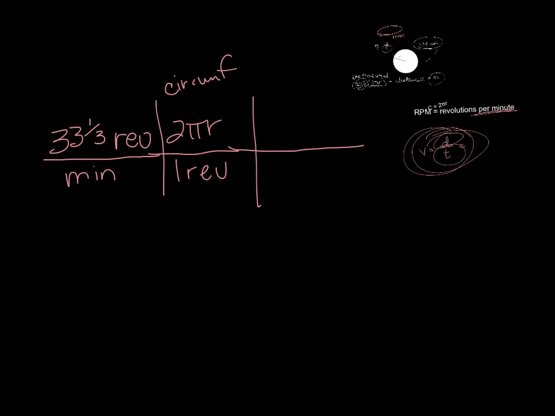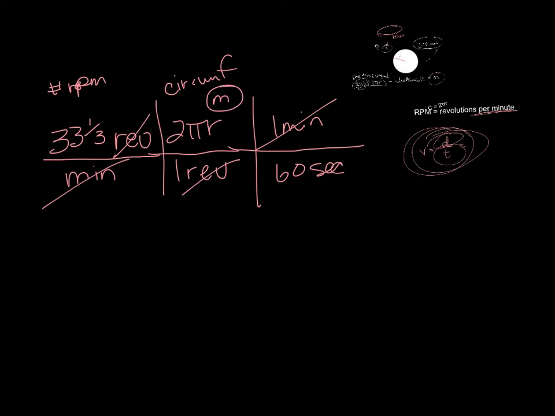And then we know that 1 minute is 60 seconds. And you'll see that we end up doing the same math that we were doing. This is the number of revolutions, number of RPMs, times 2 pi r divided by 60. But this is using dimensional analysis where our units cancel and our r is in meters, so we end up with meters per second. So that's how we can find the velocity from our RPMs.